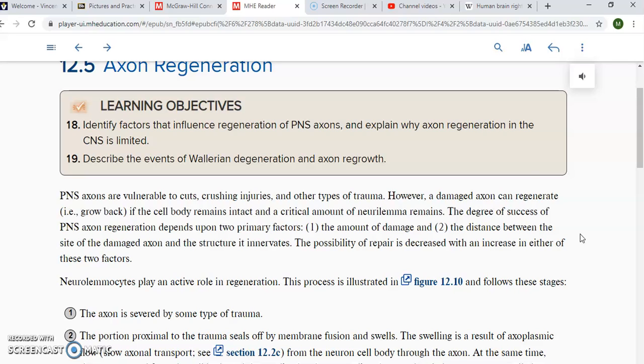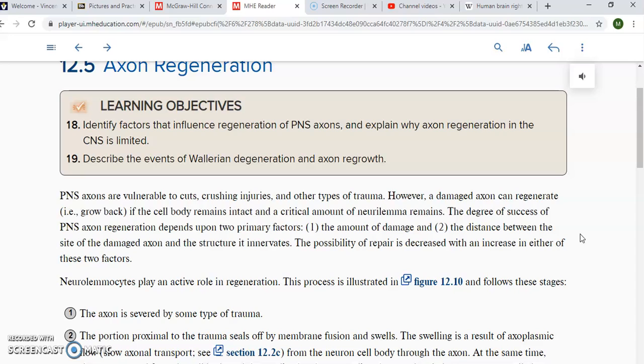If there is like a severe amount of damage to that peripheral nervous system axon, then not as likely that we'll get complete regeneration and have complete return to function. So the amount of damage is going to be a big factor. And then the distance between where the axon was damaged to the structure that it is going to provide a nerve stimulation to, or an action potential to.